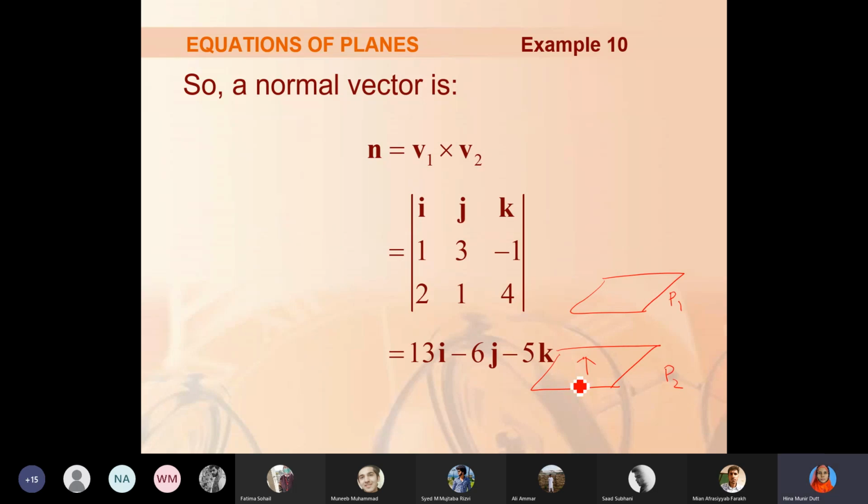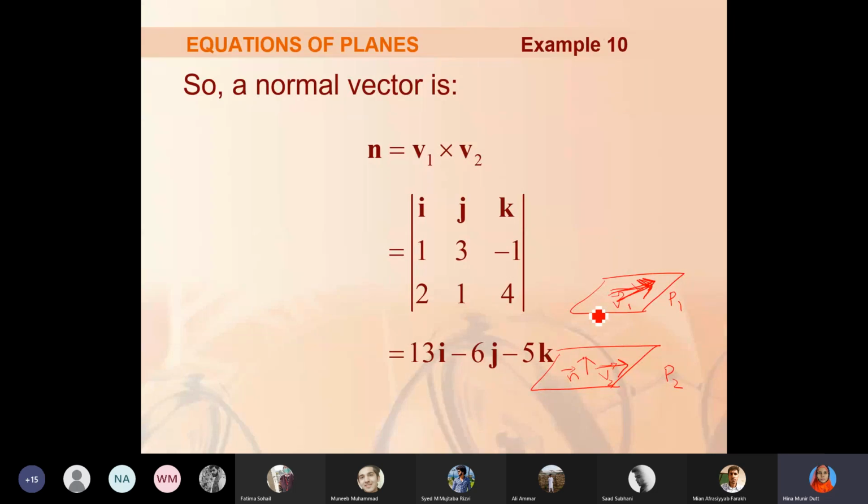And to find the normal vector to the plane P2, I have found a vector v1 on the plane P1 and the vector v2 on the plane P2, and the normal vector n is perpendicular to both v1 and v2. Okay, it could be in this direction, v1, not in the same direction, like this. And how do I find v1?